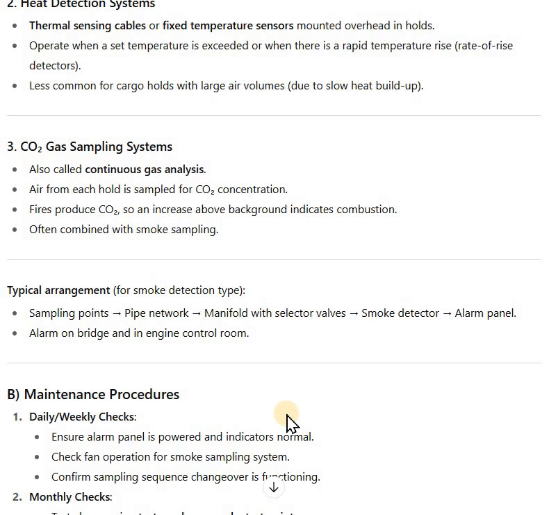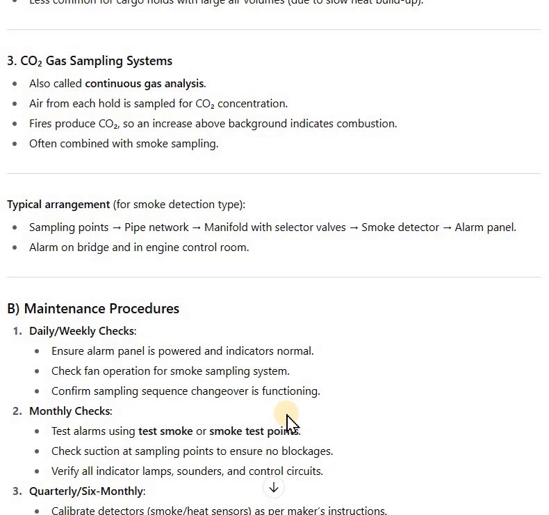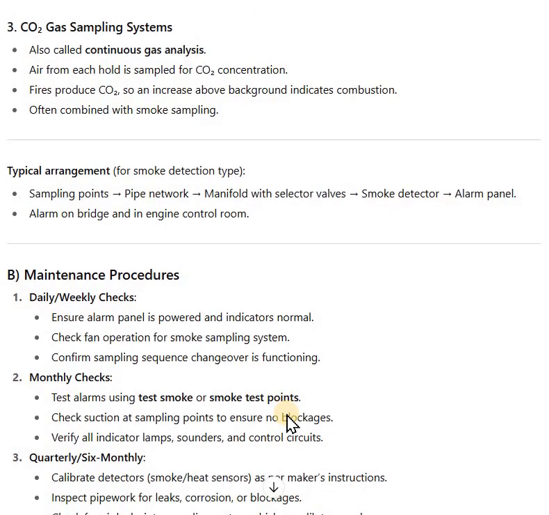Fires produce CO2, so an increase above background indicates combustion. Often combined with smoke sampling. Typical arrangement for smoke detection type: sampling points, pipe network, manifold with selector valves, smoke detectors, alarm panels, alarm on the bridge and in the engine control room.